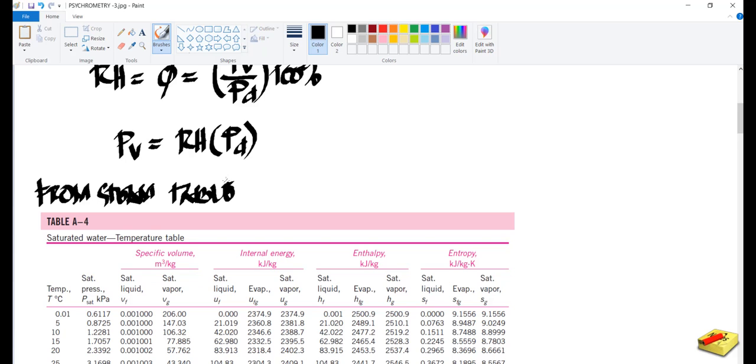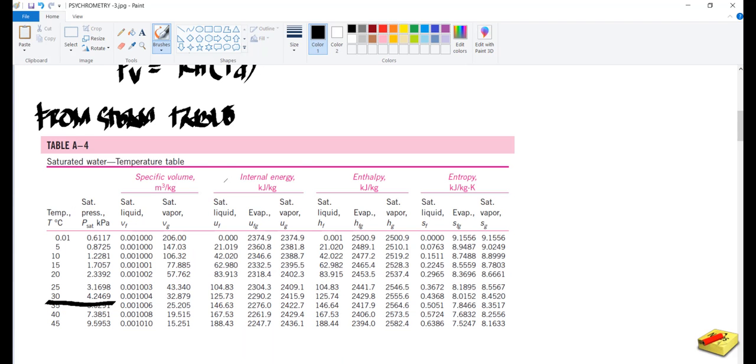Okay, table A-4. At 30 degrees, we have the corresponding saturation pressure, which is 4.2469 kPa.